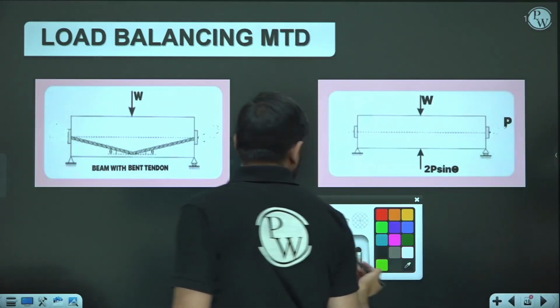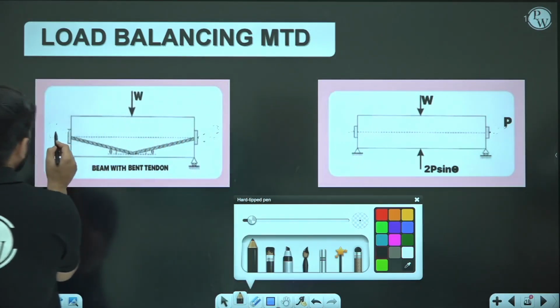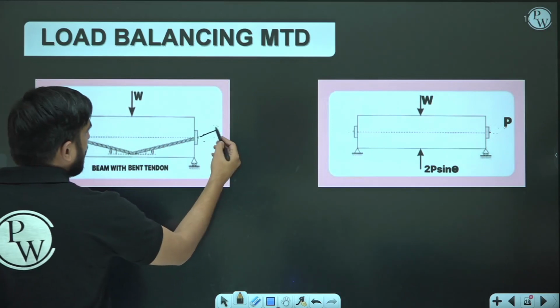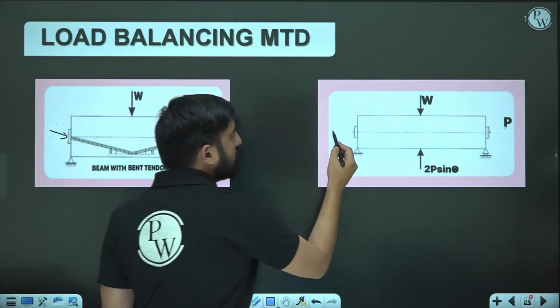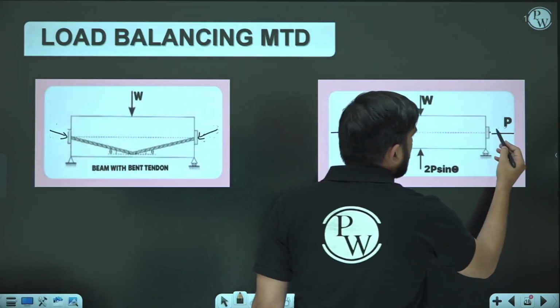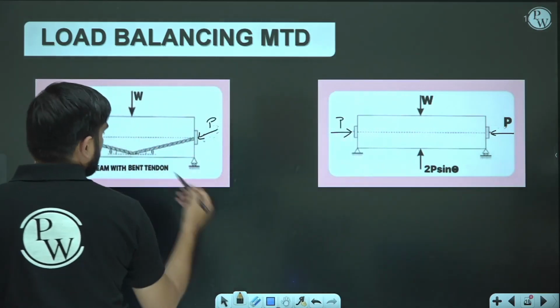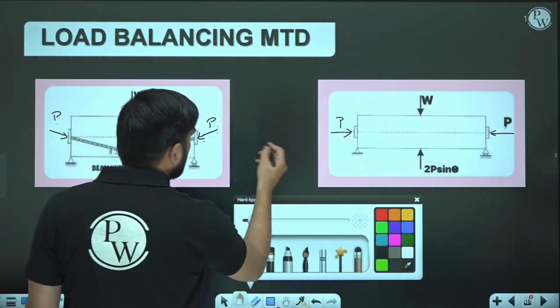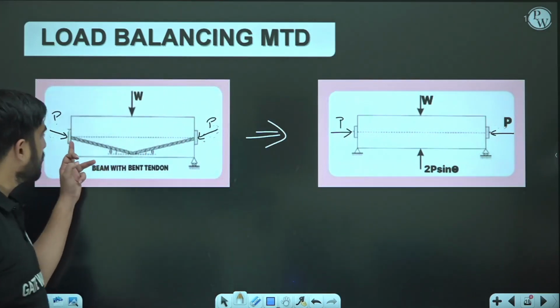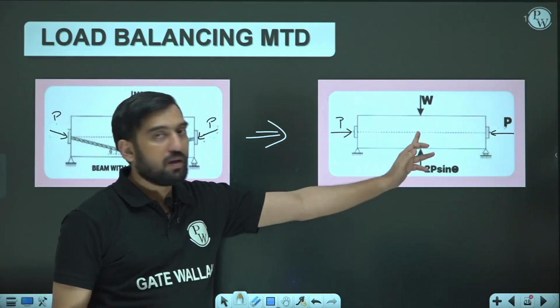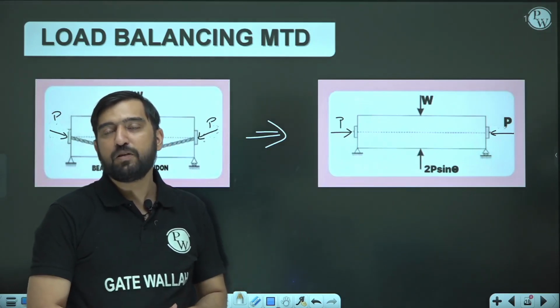So here you can see that it is originally like this, and now you have made it like this. So this is the equivalency of the load balancing concept. Instead of this varying profile, you just give 2P sin theta upward.